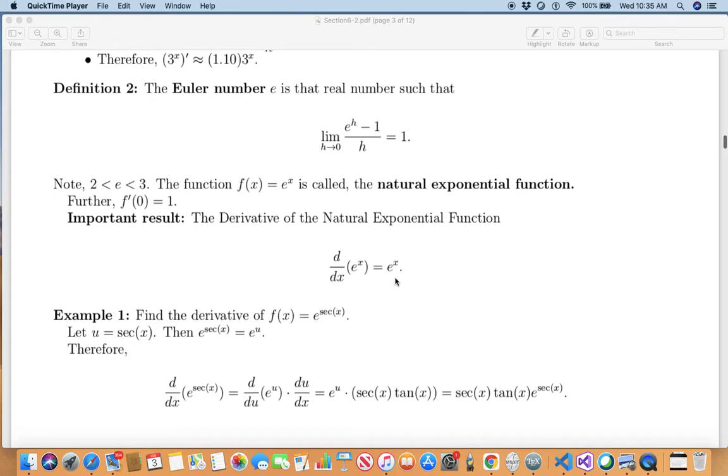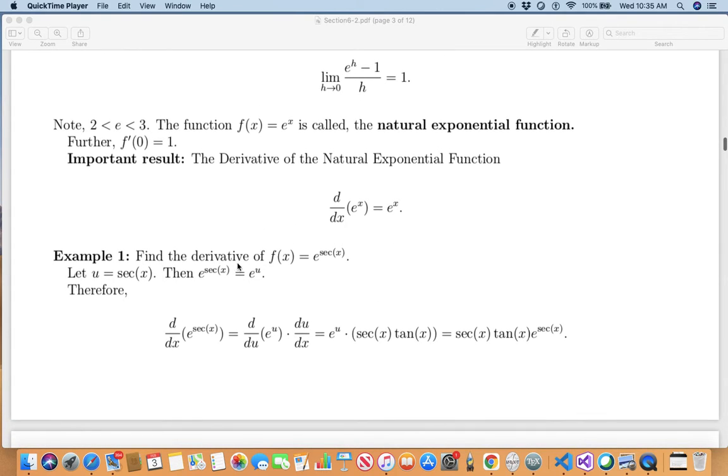Which brings us to a beautiful example. Find the derivative of e to the power secant x. Well, this is fantastic because you know the chain rule. Let u be secant x. Then e to the power secant x is e to the power u. So the derivative of e to the power secant x with respect to x is d by du of e to the power u times du dx.